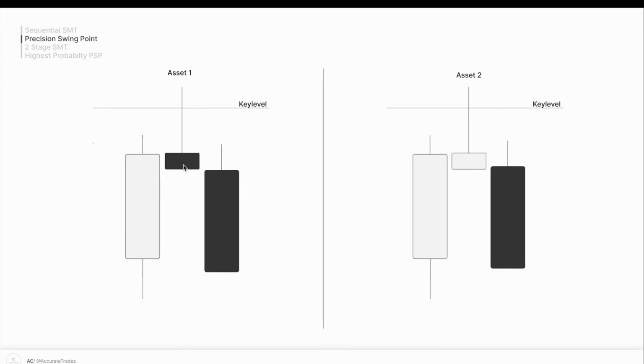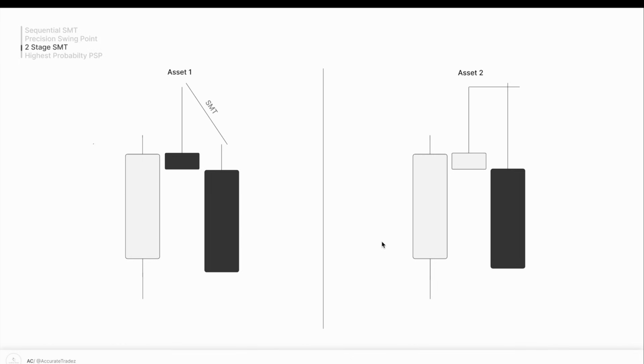See how this is bearish? If you go on this asset right here, this made a bullish close. And this by itself is a cracking correlation. And I'll also show you guys how you can combine this with SMT, forming that two-stage SMT sequence.